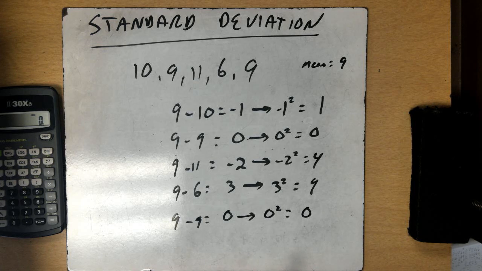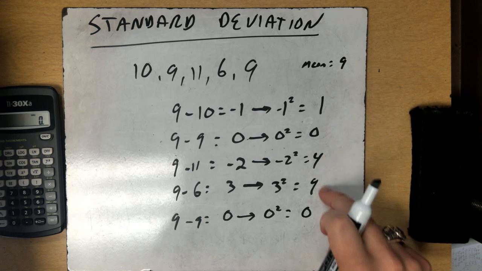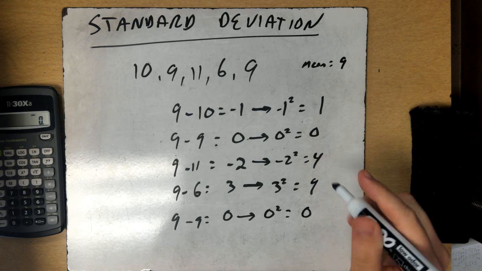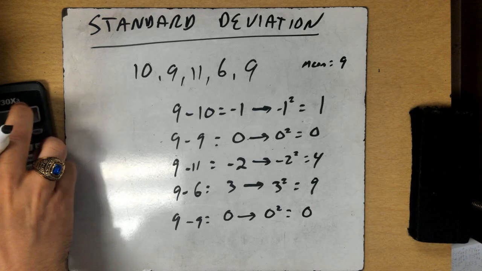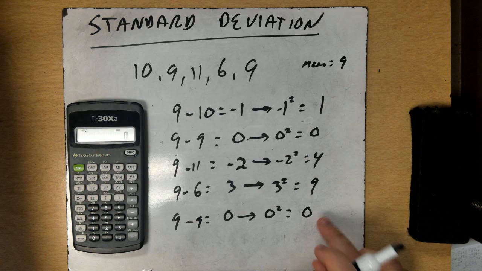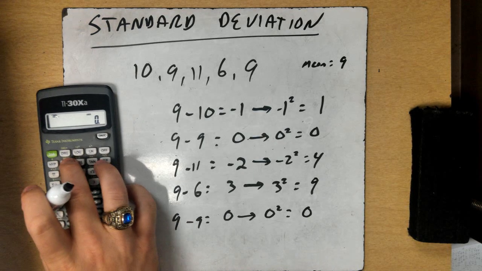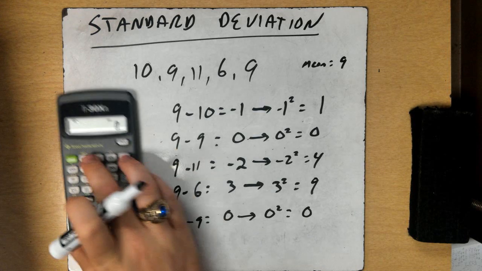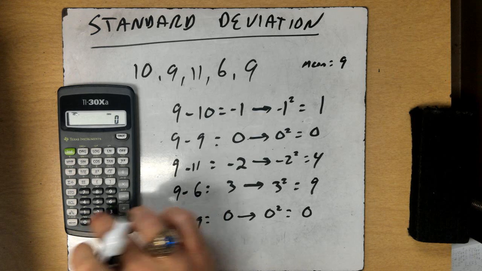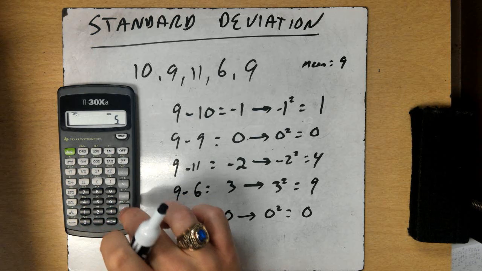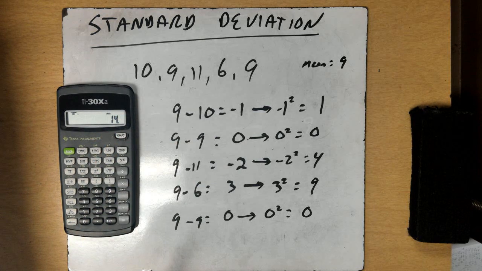Now we're going to take the answers we got here, 1, 0, 4, 9, 0, and add those up. 1 plus 0 plus 4 plus 9 plus 0 equals 14.